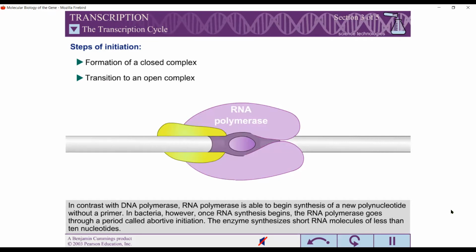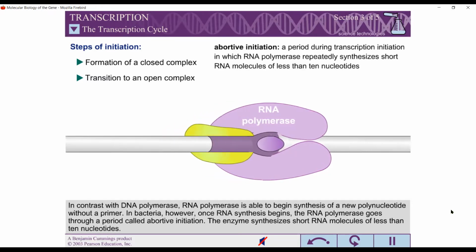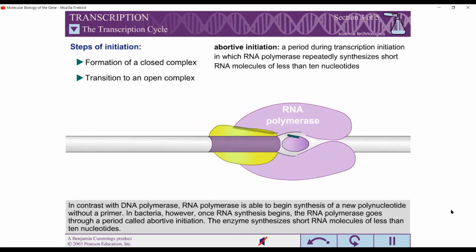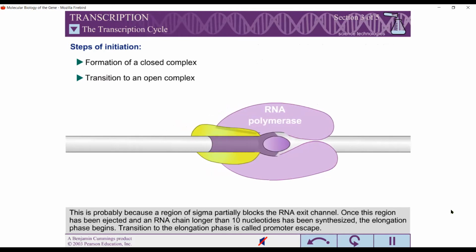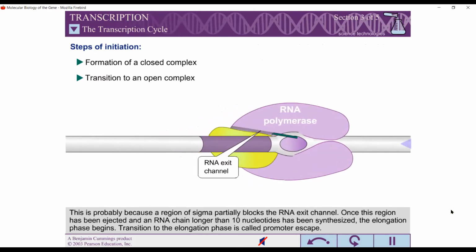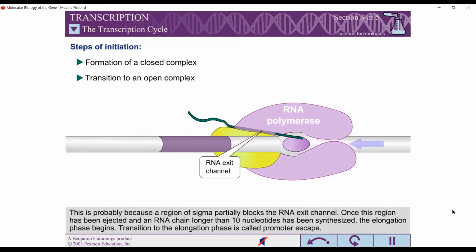Now, in contrast to DNA polymerase, RNA polymerase is able to synthesize a new nucleotide chain without the help of a primer. And this is what I had talked about, the promoter escape mechanism.